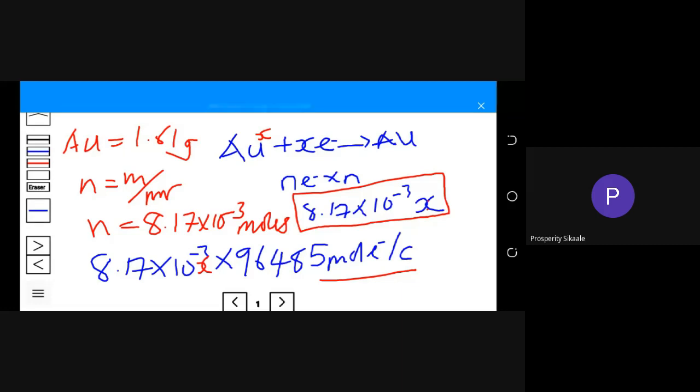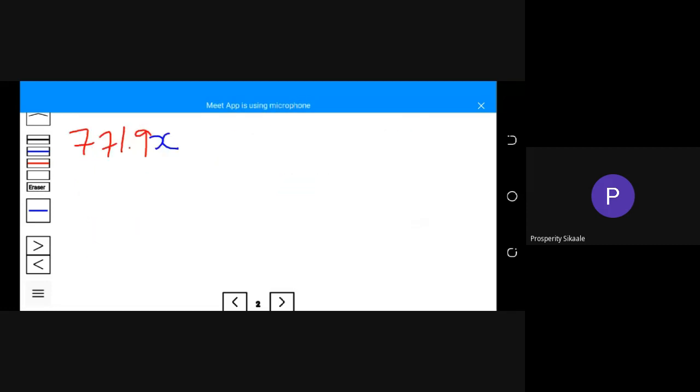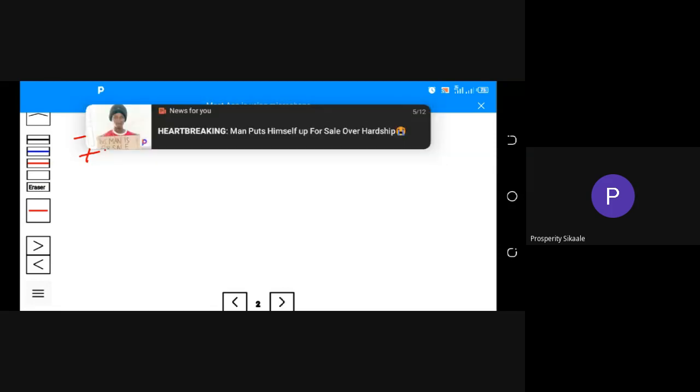Oh, I see. I think I had made a mistake. It's 8.17 exponent negative 3 multiplied by 96,485. Yeah, you are correct. It has to be 788x.